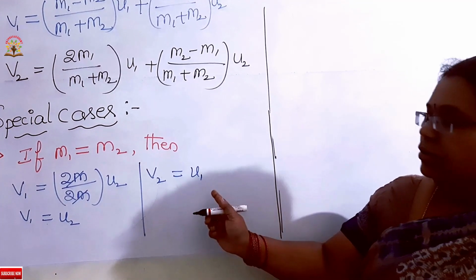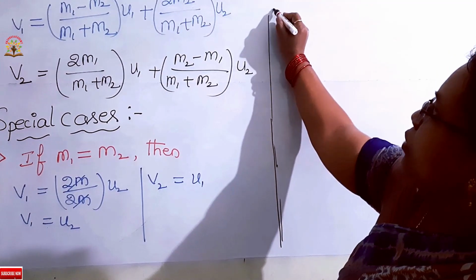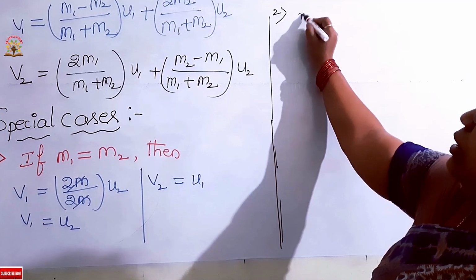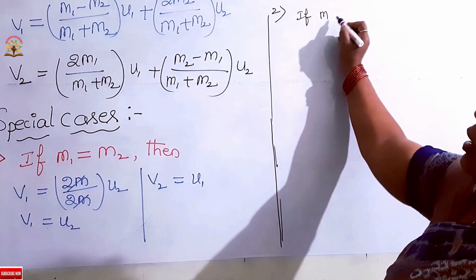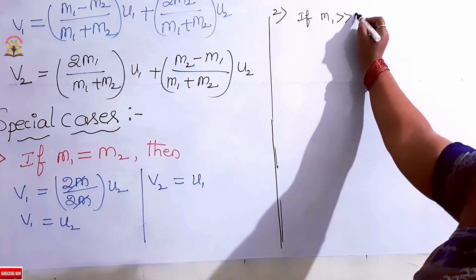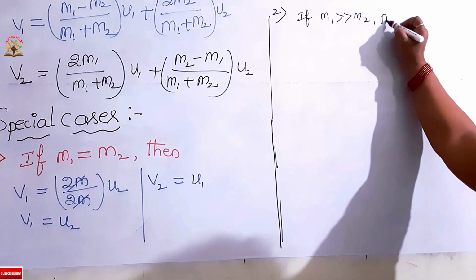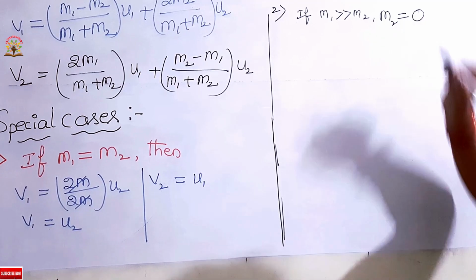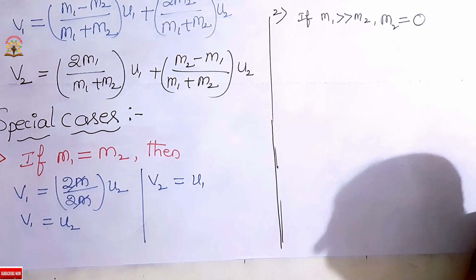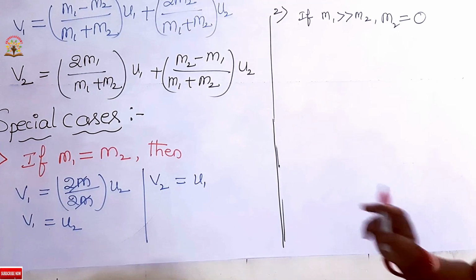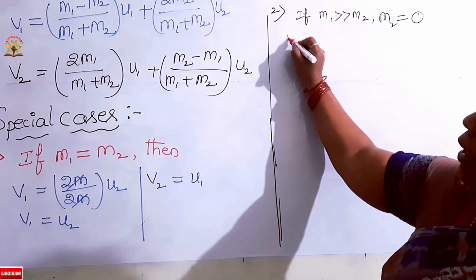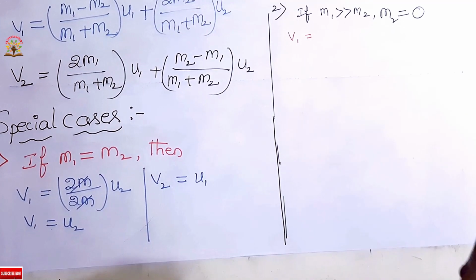Next, second case. What is the second case? If m1 is greater than m2, then m2 is equal to 0. Then what is the value of V1 and V2? Now we are writing the value of V1.